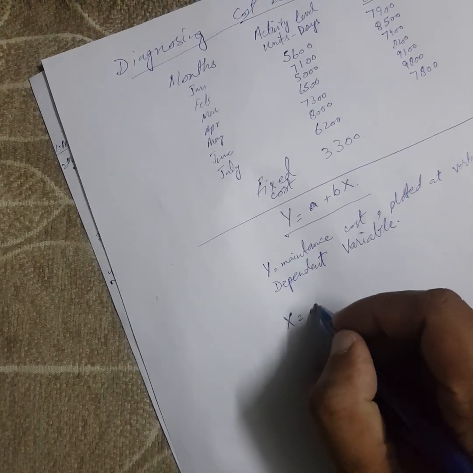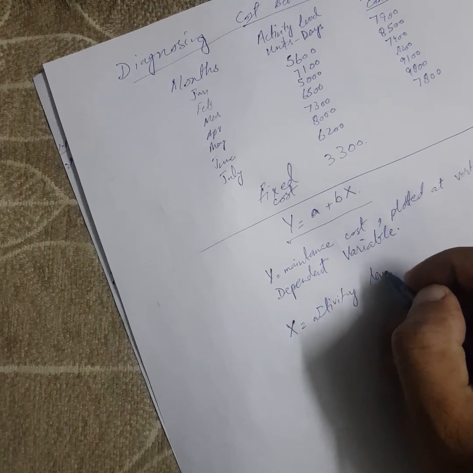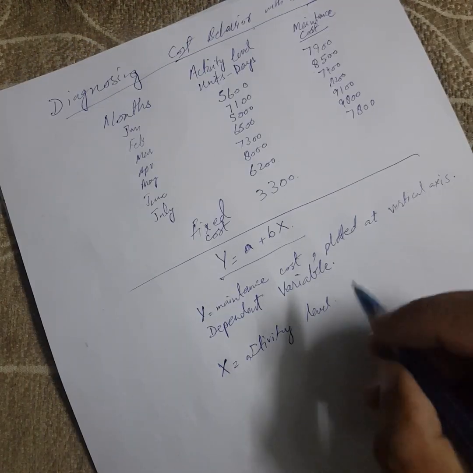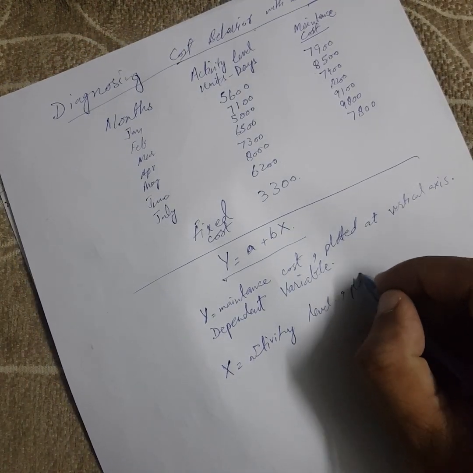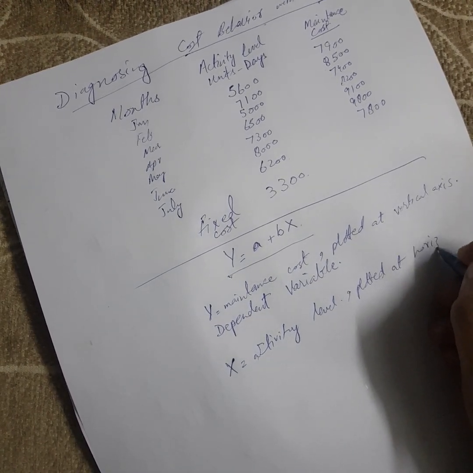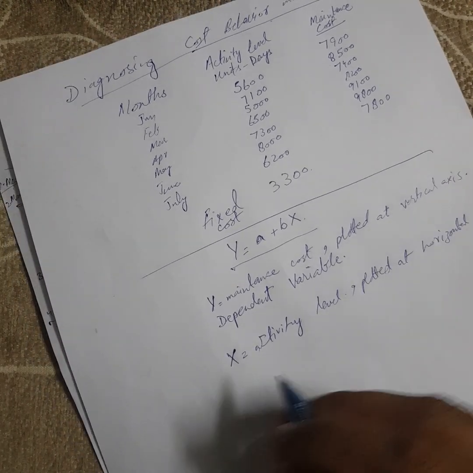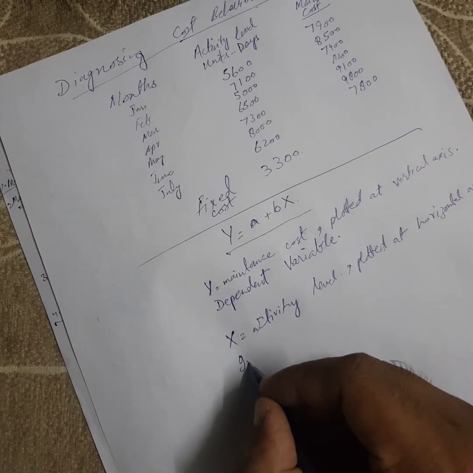X, that is activity level, plotted at the horizontal axis, it will be an independent variable.